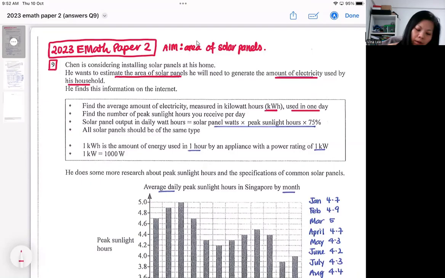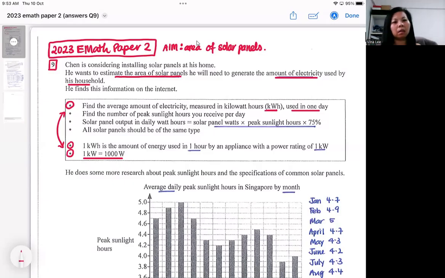There is a definition on kilowatt and the conversion as well. So you need to take note. There is a conversion and also what is 1 kilowatt. 1 kilowatt is the energy used by an appliance in 1 hour with a rating of 1 kilowatt.